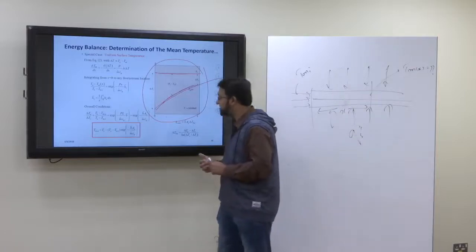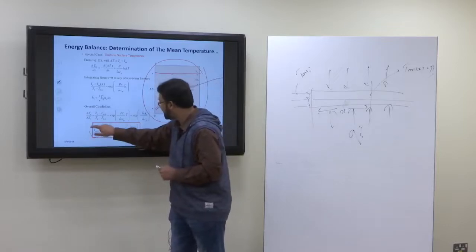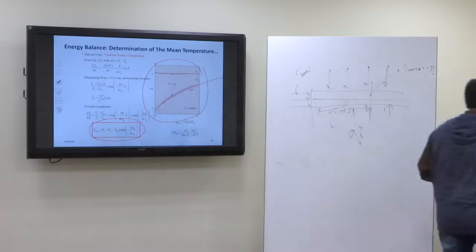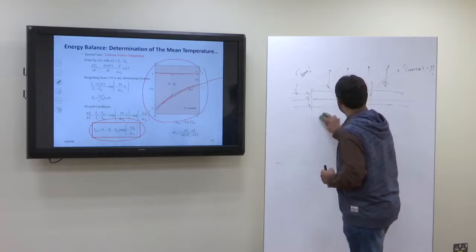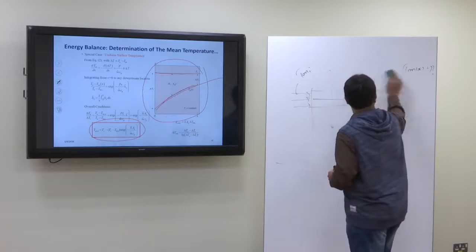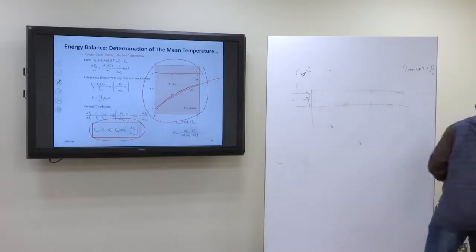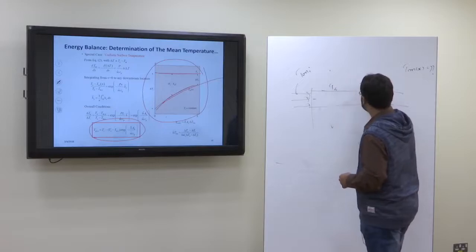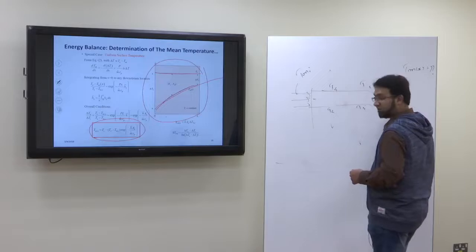Now in this case, this is the formulation. So suppose that now you do not have a constant heat flux. But now there is a constant surface temperature, Ts. This surface temperature is constant.